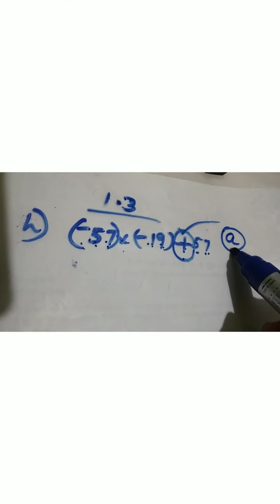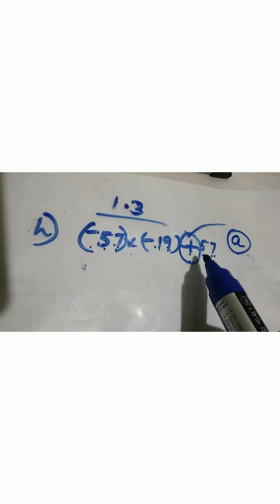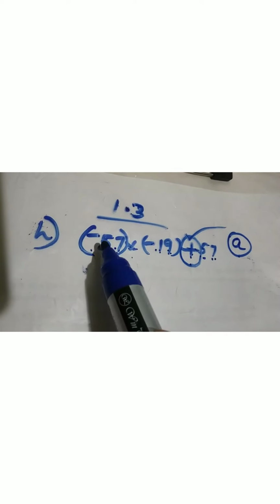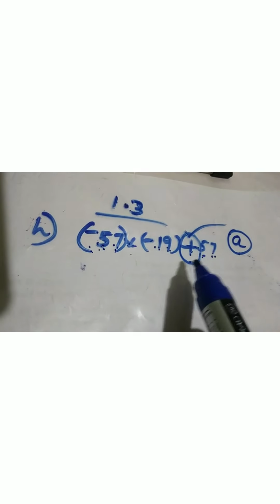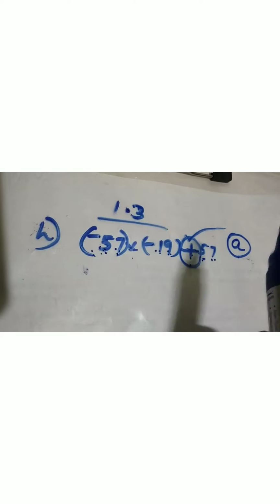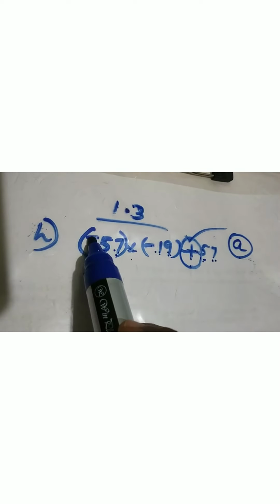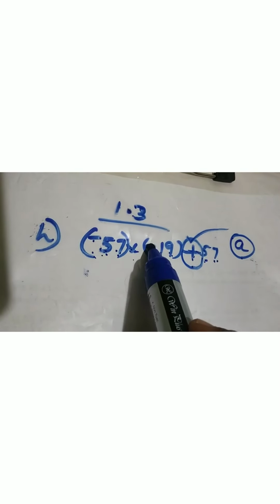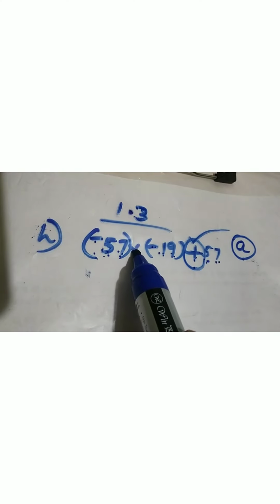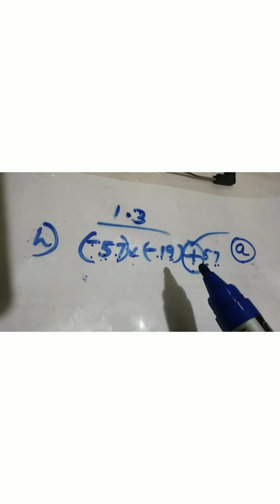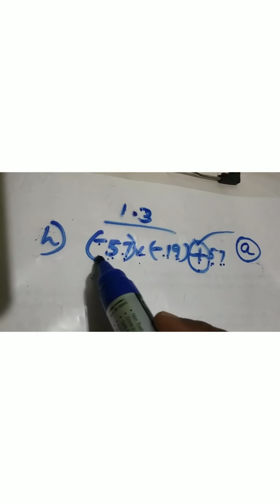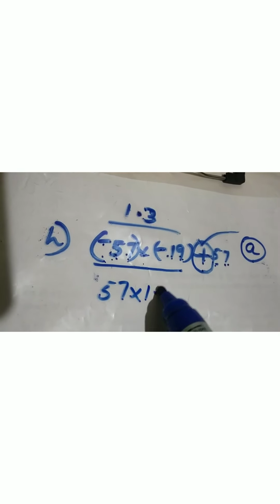Here the value of A is 57. But here negative, here positive. So we will get confusion. But don't worry. Here one negative is there. Here also one negative. Negative multiplied by negative, that will be positive. So we can write this one 57 into 19.